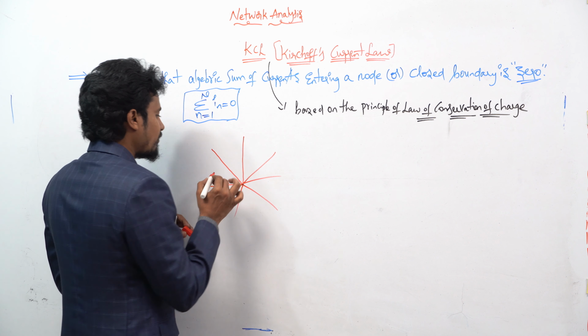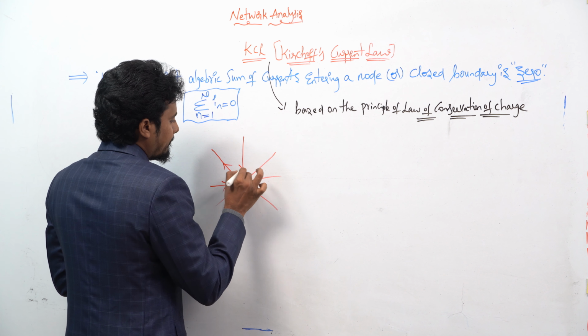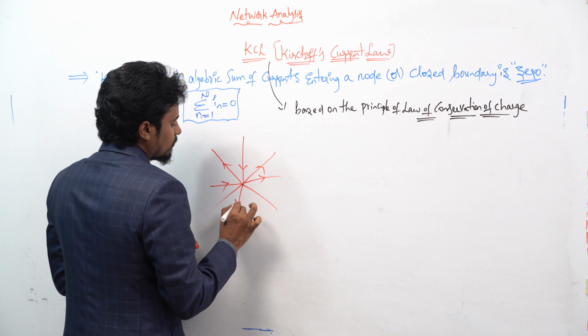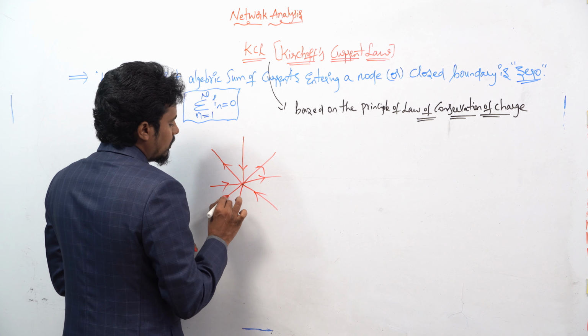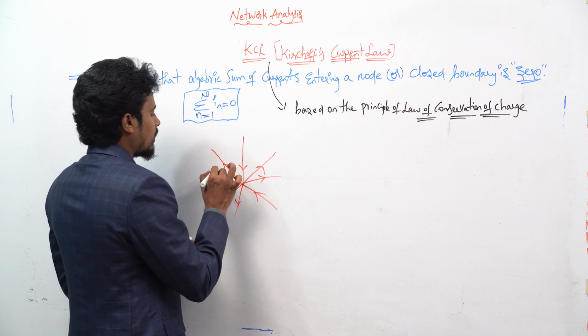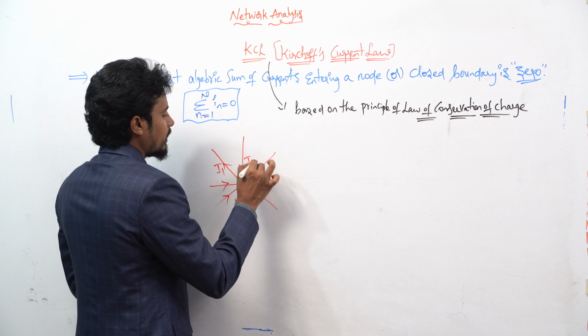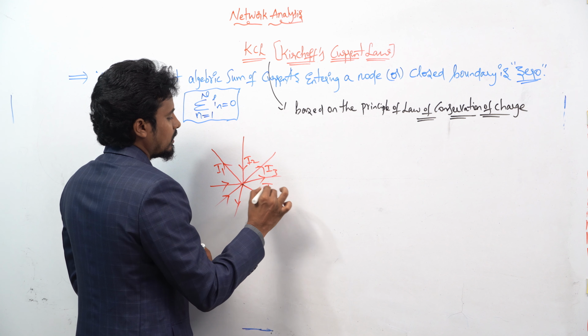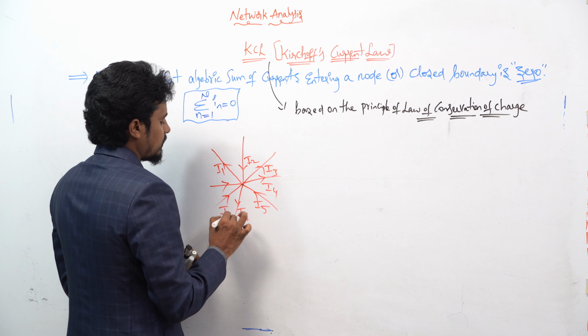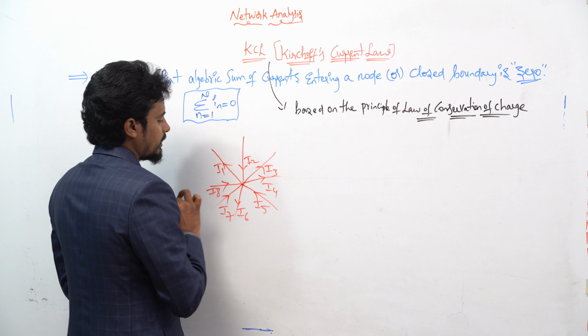I will name them: outgoing, incoming, outgoing, this is incoming, and here this is incoming. This is my I1, this is I2, I3, I4, I5, I6, I7, and similarly this is I8.